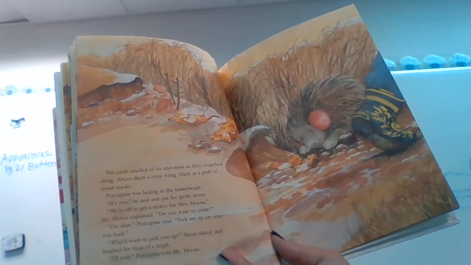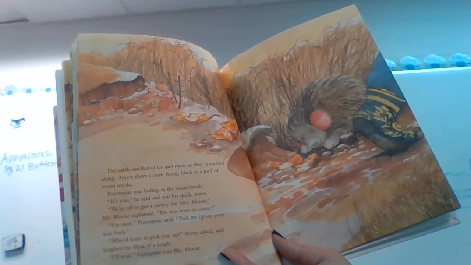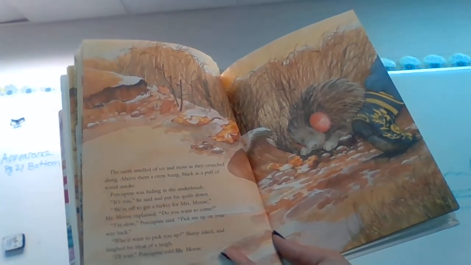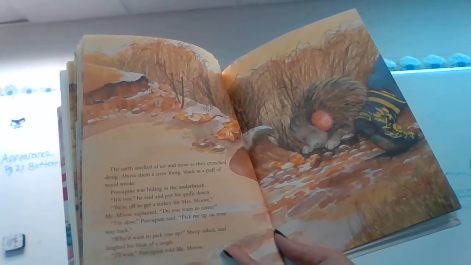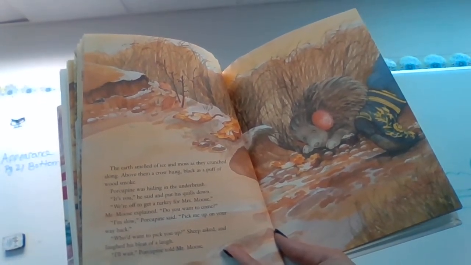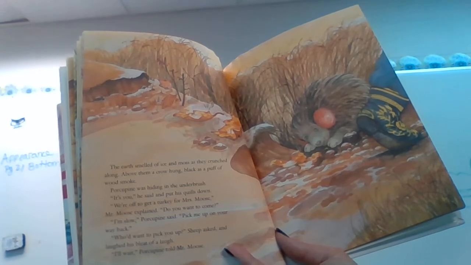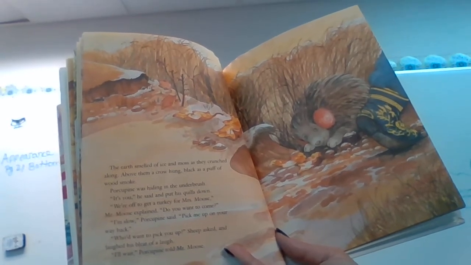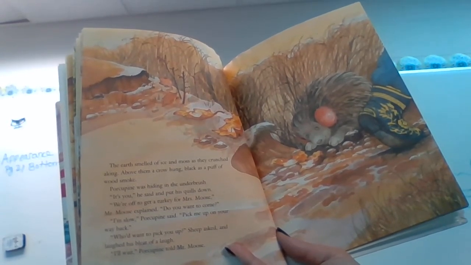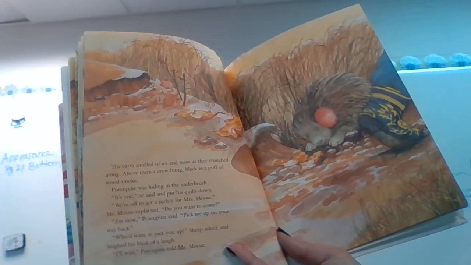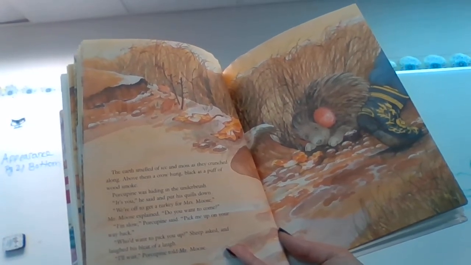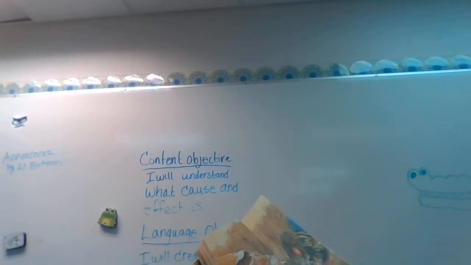We're off to get a turkey for Mrs. Moose, Mr. Moose exclaimed. Do you want to come? I'm slow, Porcupine said. Pick me up on your way back. Who do you want to pick up? Sheep asked, laughed at his bleat. I'll wait, Porcupine told Mr. Moose.